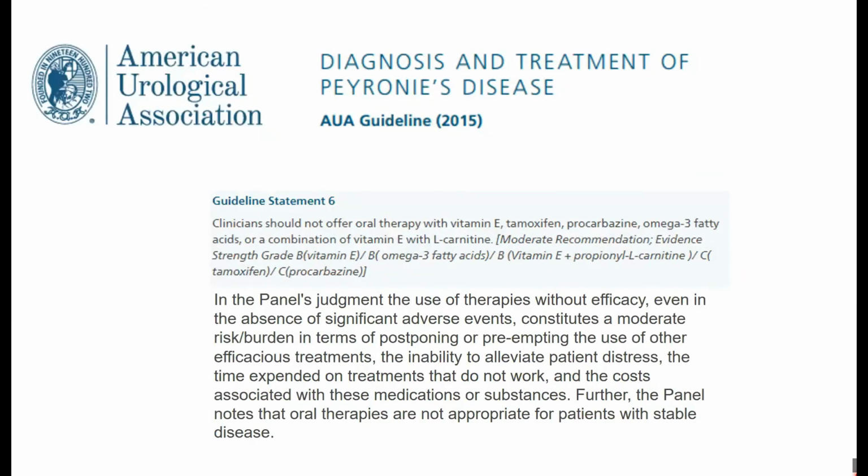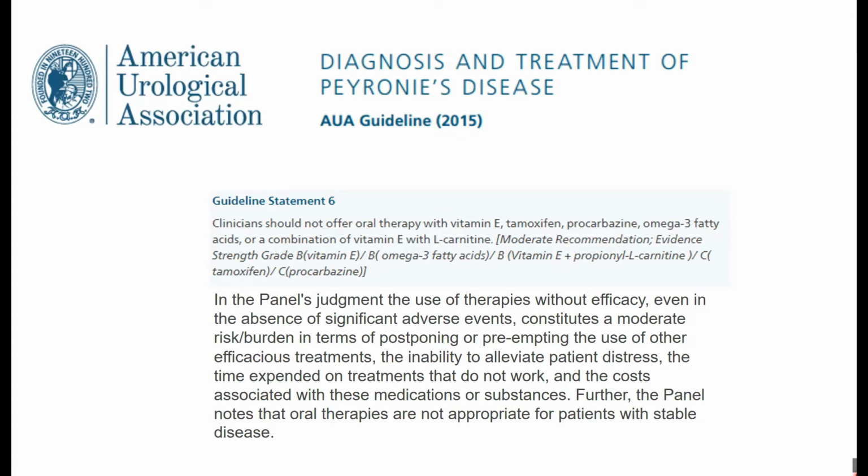But in the American Urological Association guidelines, the panel said that the use of therapies without efficacy, even in the absence of significant adverse events, carries a moderate risk burden in terms of postponing or preempting the use of other efficacious treatments.